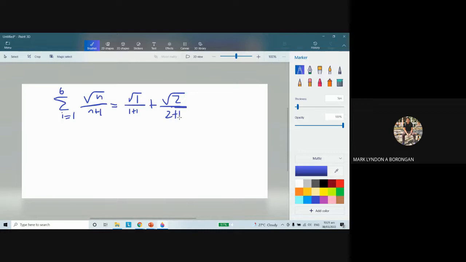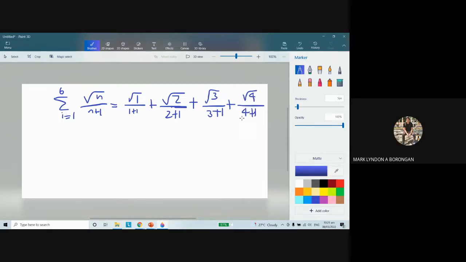Very good. Next. Square root of 3 over 3 plus 1. Very good. Next. Square root of 4 over 4 plus 1. Very good.